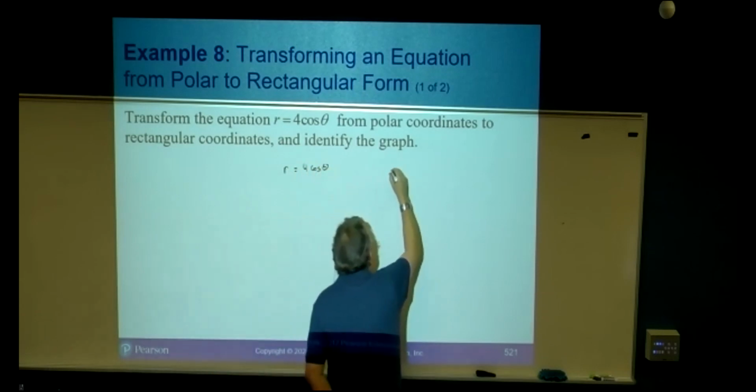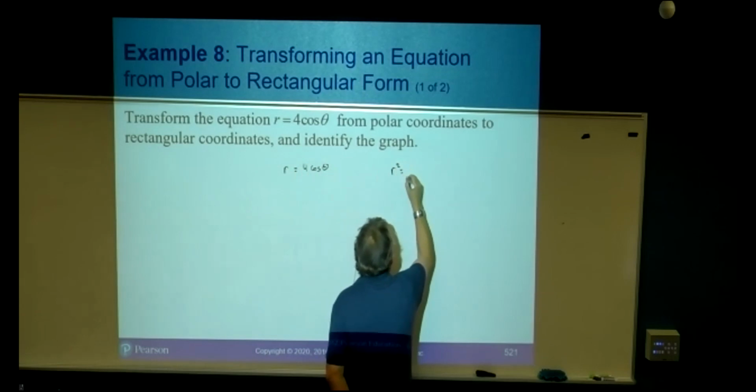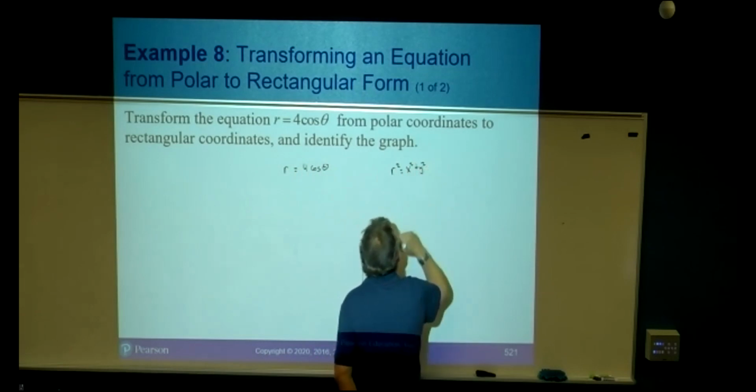Now, we want to use the fact that r squared equals x squared plus y squared.